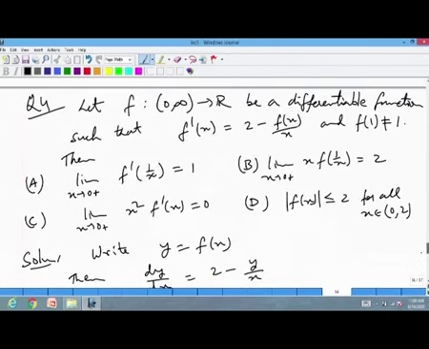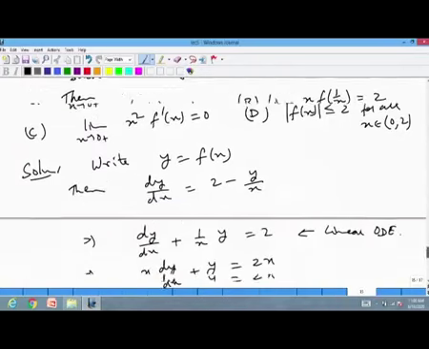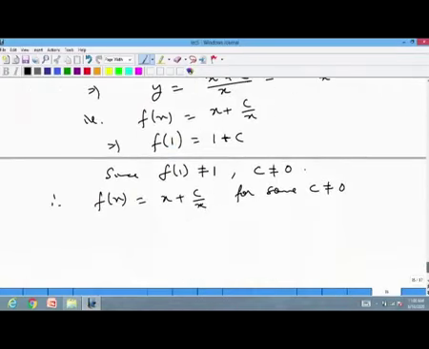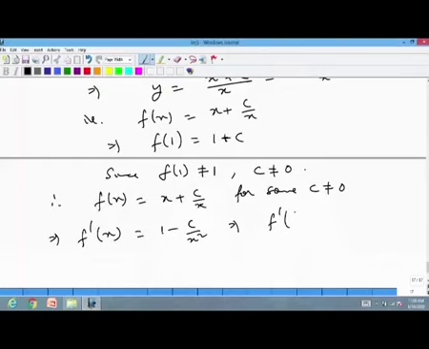So, option A says the limit of f prime of 1 by x as x approaches 0. So, let us calculate. So, what is f prime of x? F prime x is equal to 1 minus c by x square, which implies f prime of 1 by x is equal to 1 minus c x square.